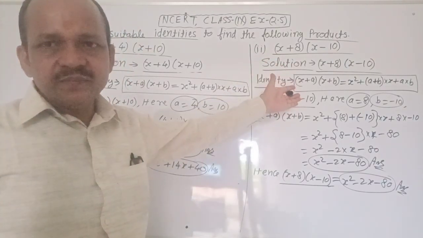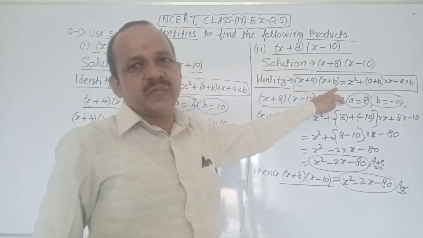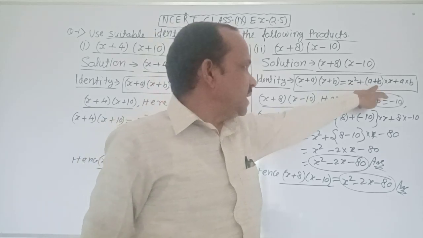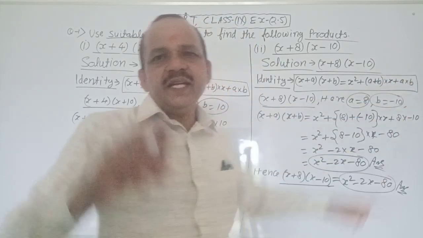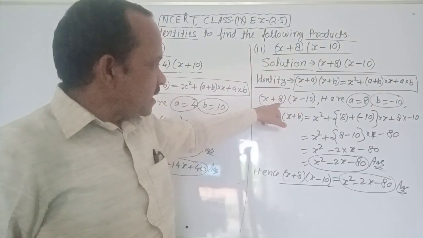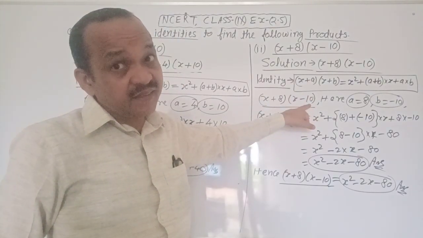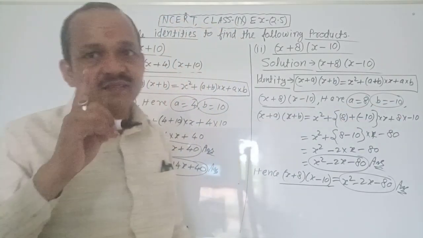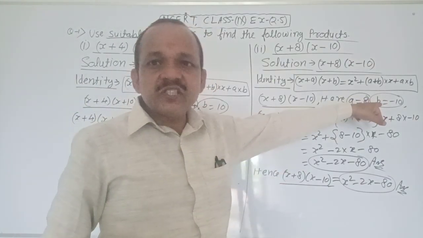The identity is clear: (x + a) in the first brackets, (x + b) in the second brackets equals x² + (a + b)x + ab. Here in this question, a means 8, b means minus 10. Clear? No confusion, b equals minus 10.